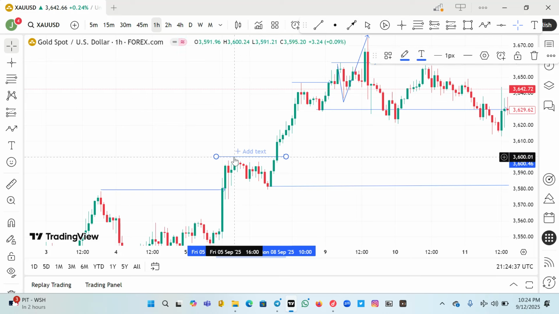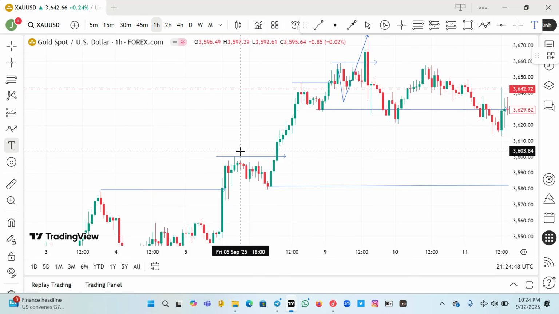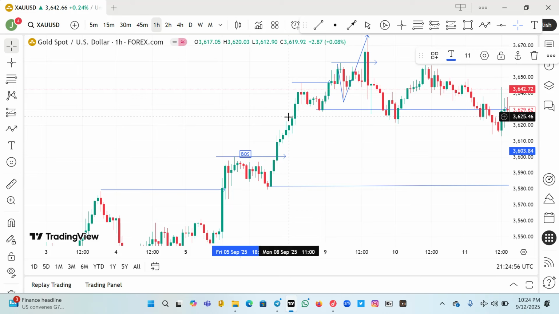We have a high point here. The body of a candle broke past it. So the process of the market breaking past the previous high point is what we target as a BOS, the break of structure. So this is how BOS is formed.